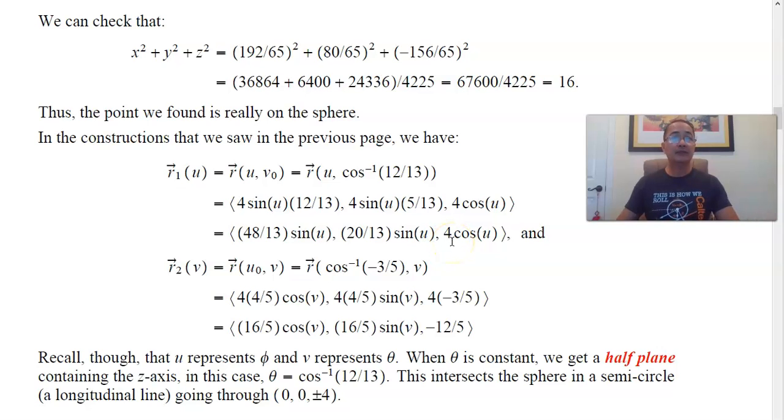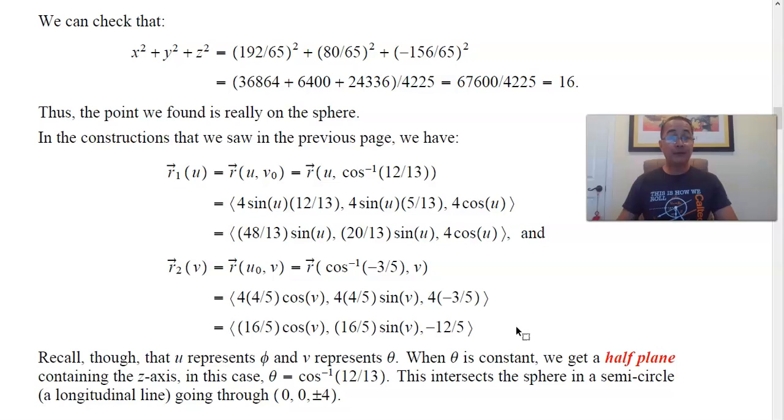So that is a space curve. Similarly, replace u with u sub 0, inverse cosine negative 3/5, and we get this parametrization where we only see the angle v. In particular the z coordinate is always negative 12 over 5.